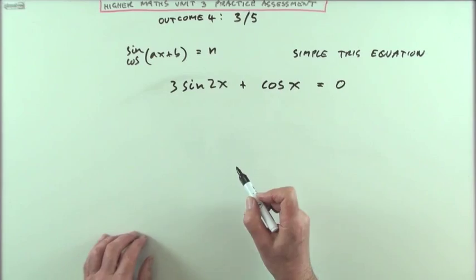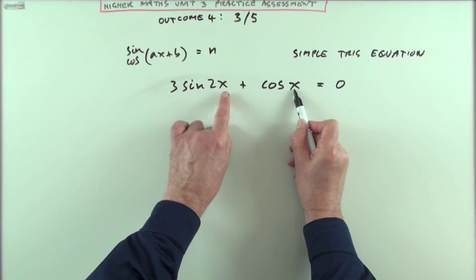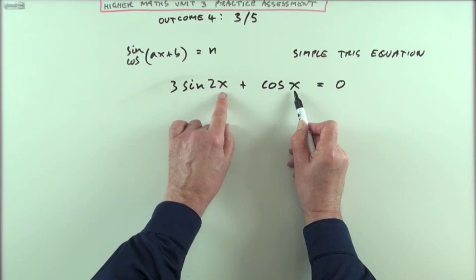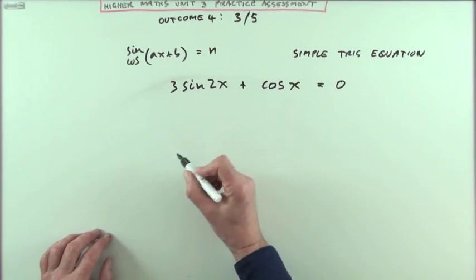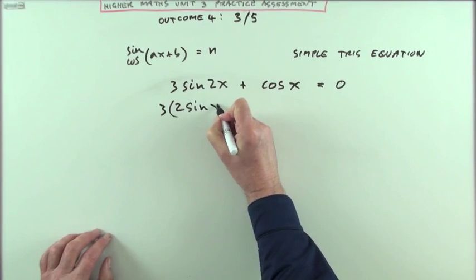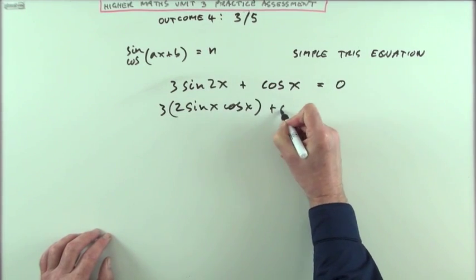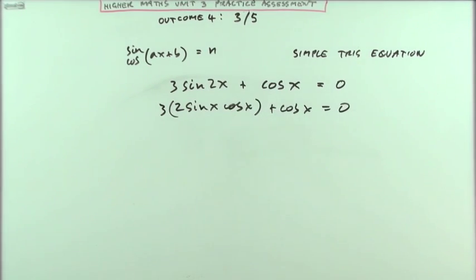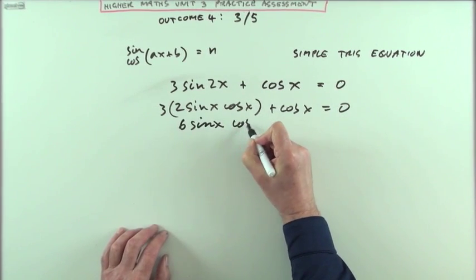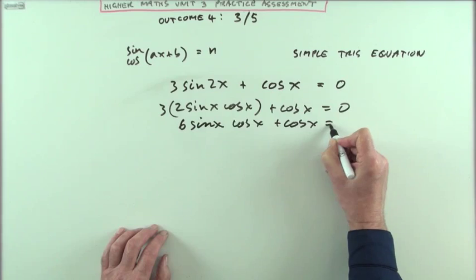And the technique here is, you'd notice this angle is double that angle, so you could make the angle forms the same by using the expansion for that. The expansion for sine 2x is 2 sine x cos x, plus the cos x equals 0. So that's 6 sine x cos x plus cos x equals 0.